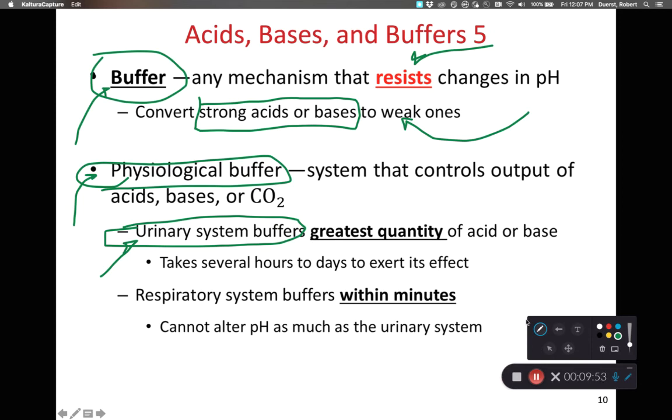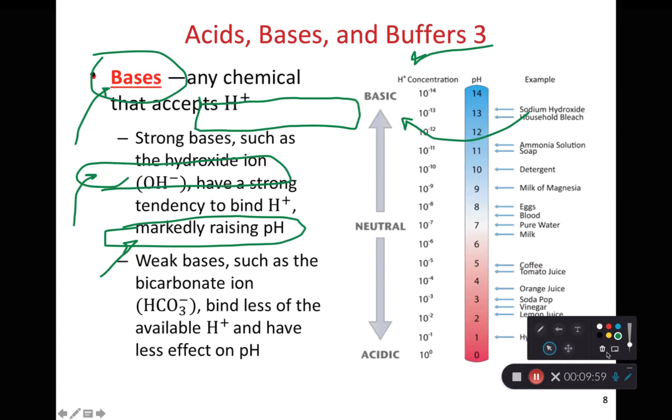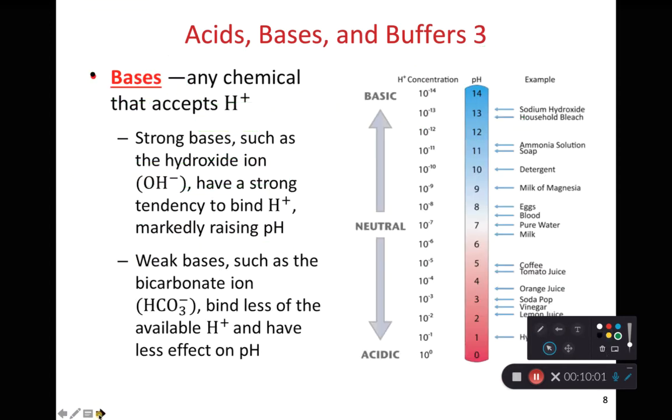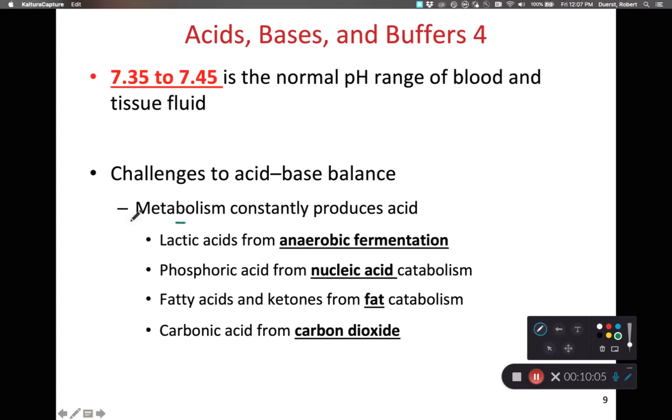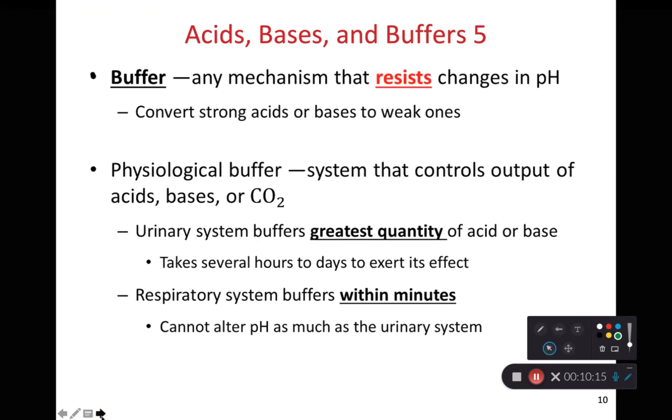Our urine is almost always going to be acidic, and that's how, at a very gross scale, we're able to compensate for the fact that we're constantly dumping all these different acids into our bloodstream. Well, nearly every time you go to the bathroom, you are going to urinate out a bunch of acid to help compensate for that.